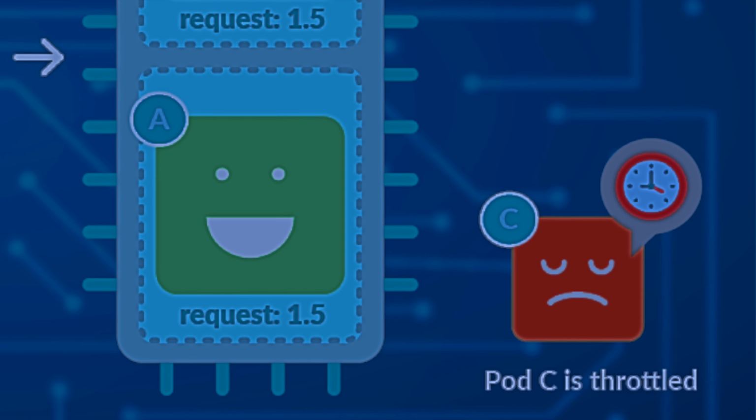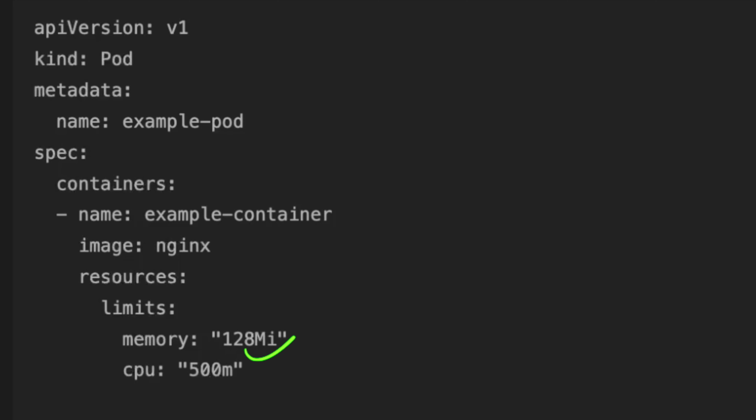In this manifest, the memory limit is 128 MiB and the CPU limit is 500 milli. If it bursts above that, it will be throttled on the CPU side, and if it hits the memory ceiling, it will be OOM killed, causing an out of memory error and restarting the pod.